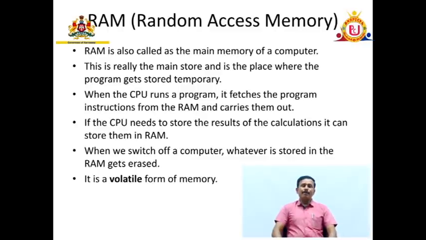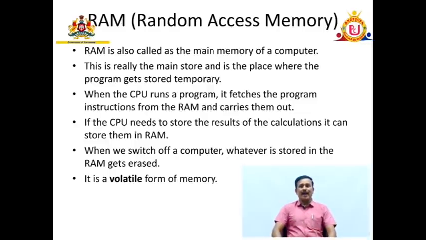In RAM, whenever you switch off your computer, automatically the contents of this primary memory, that is RAM, will be erased. Even if there is a power failure, it will lose the data. Whenever you switch on your computer, till shutdown, it stores the information.